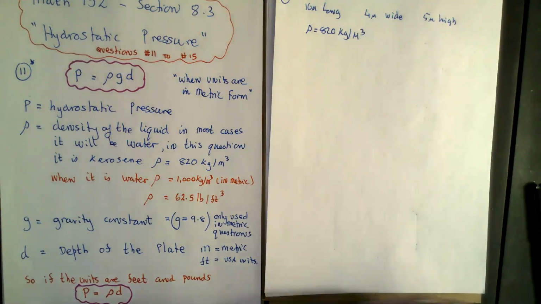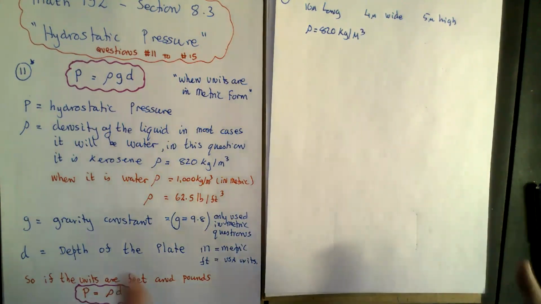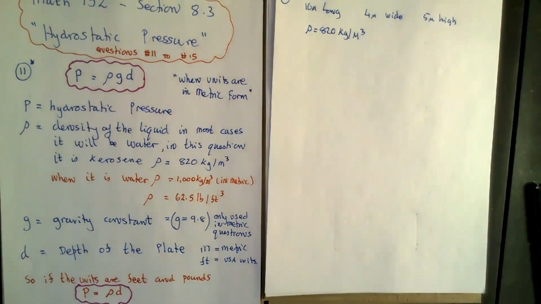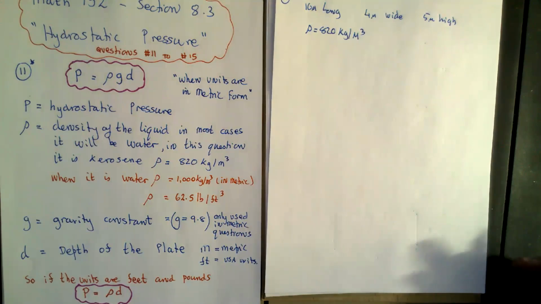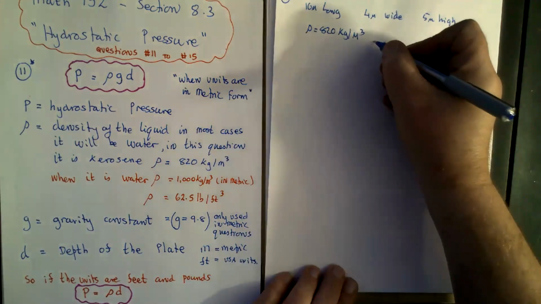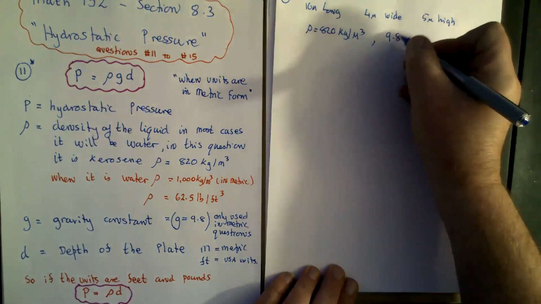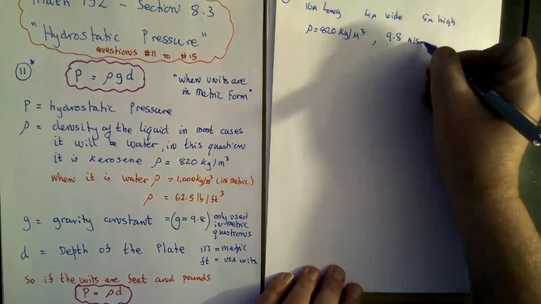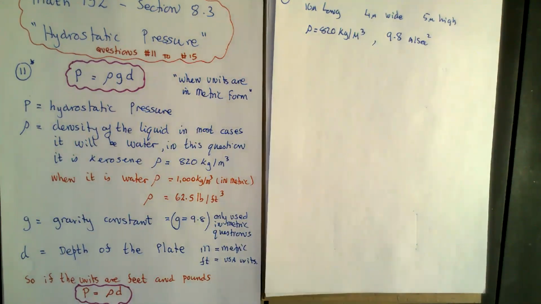So if you could imagine a meter by a meter by a meter cube of kerosene, it would weigh, oh, that's about over 1,600, probably closer to 1,700 pounds. It's pretty heavy stuff. We're also told that the gravitational constant is 9.8, for those who like units. It's meters per second squared.